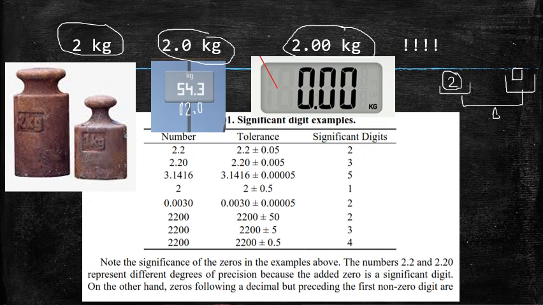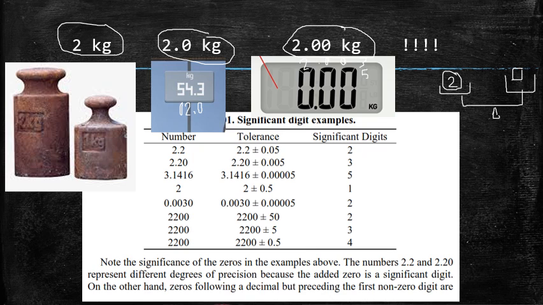In the third example here, it can be 2.00. It can't be 2.1, it can't be 2.01, it can't be 2.03. Maybe it can be 2.003 or 5 or whatever, but in this case, the tolerance would be 0.005.